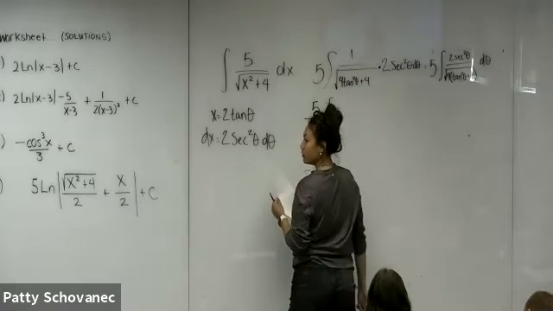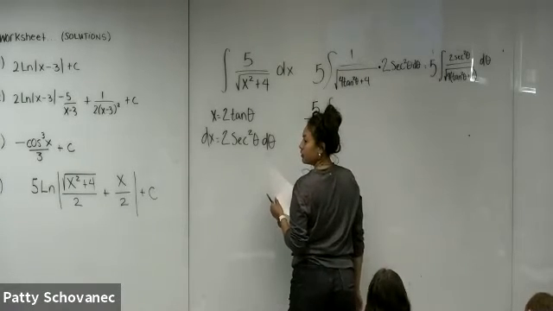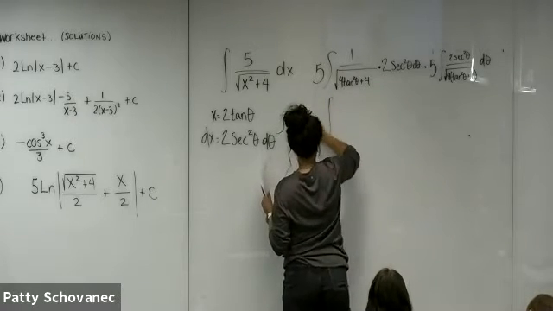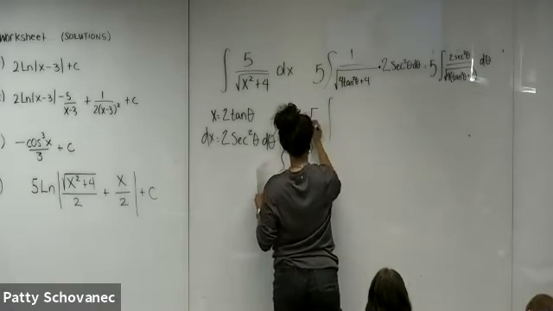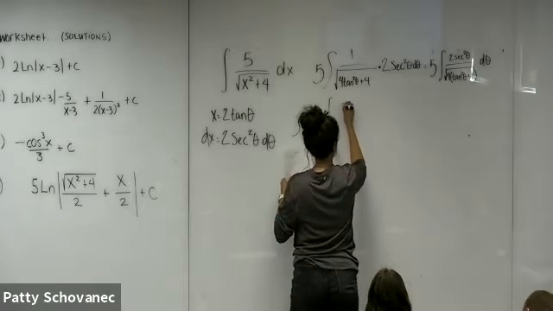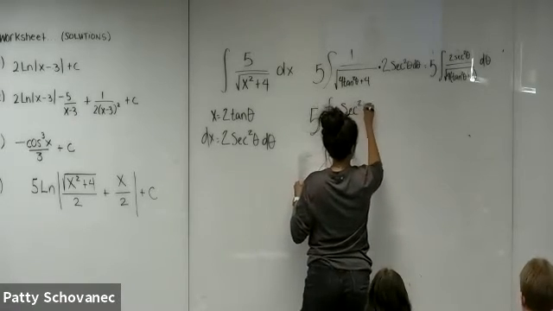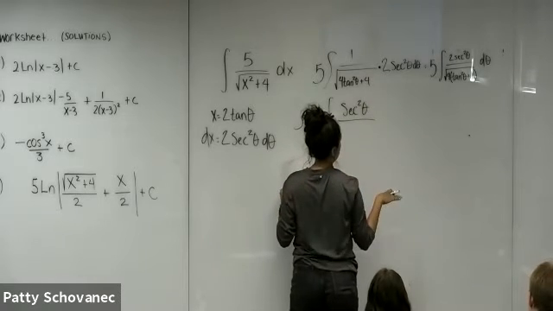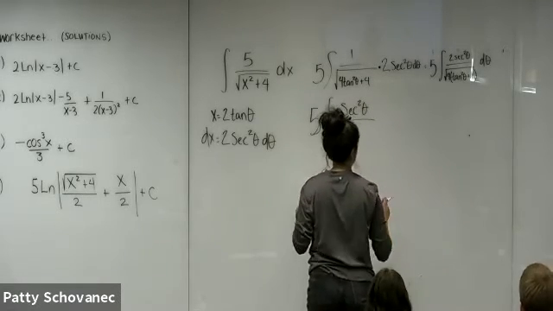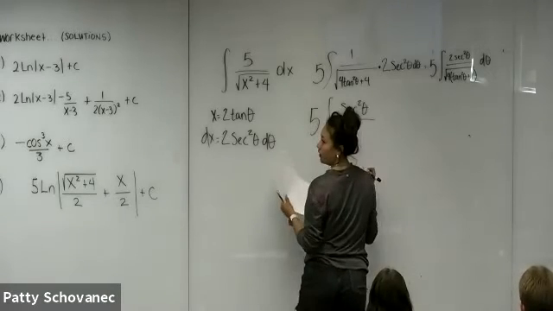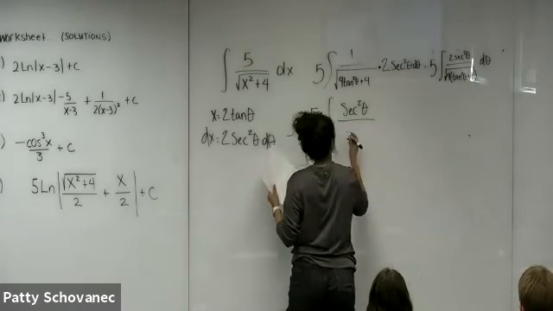Should I take out the 2? Sure. So 10, which is 5. Okay, and then we have secant squared theta over, we took out the 2, so it's secant squared plus 1, and the square root of that is the secant.